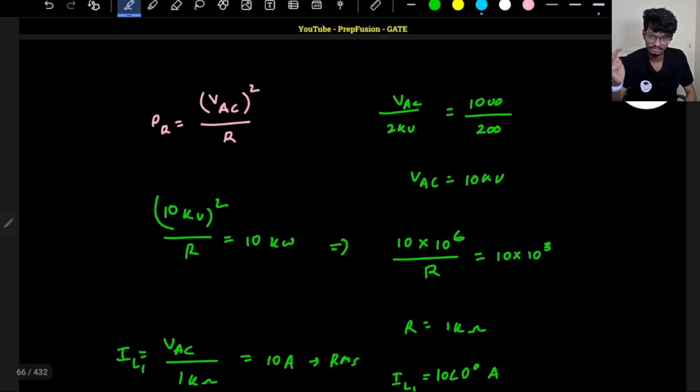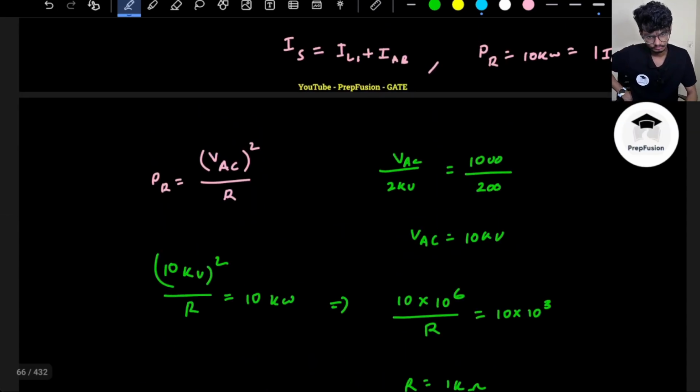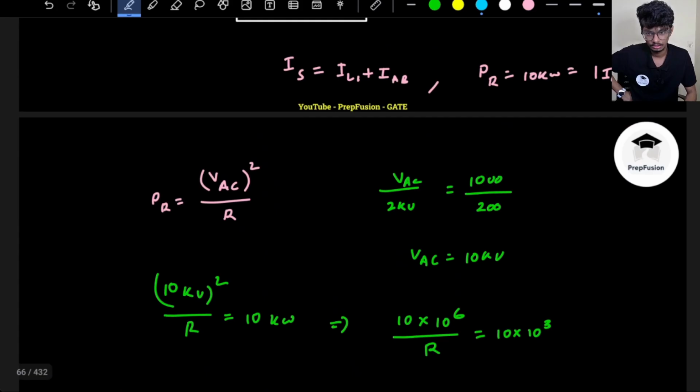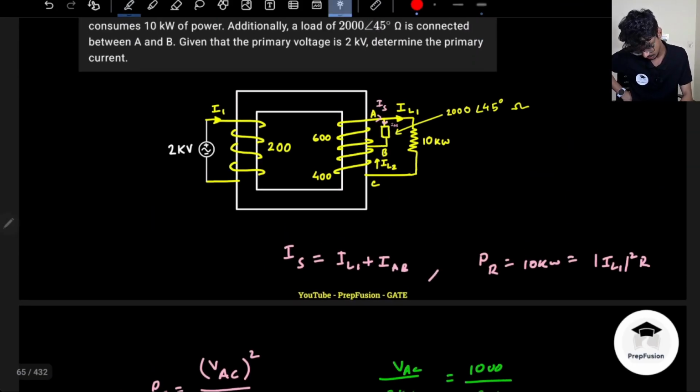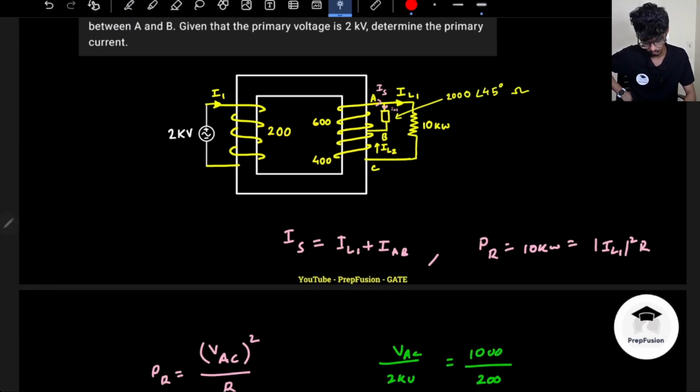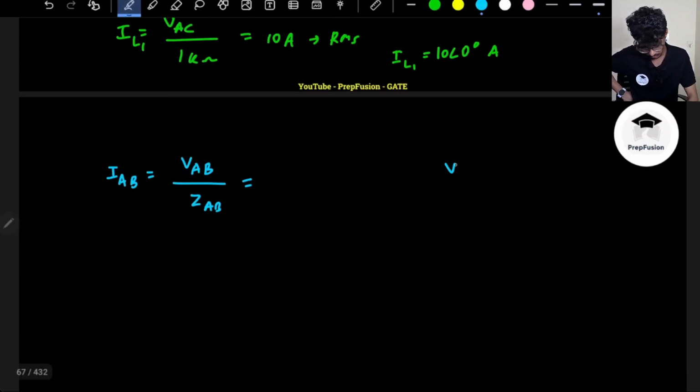Again, the same flux is flowing throughout the whole of this impedance, whole of this coil. So again, the turns ratio will be 600 by 200 now. So VAB by V primary, that is 2 kilovolt, will be 600 divided by 200.